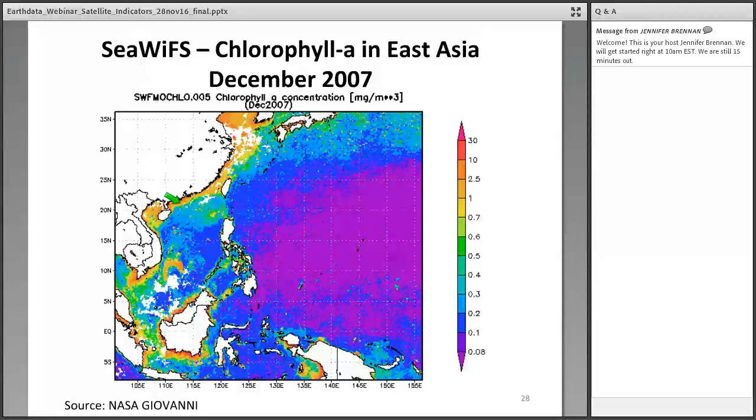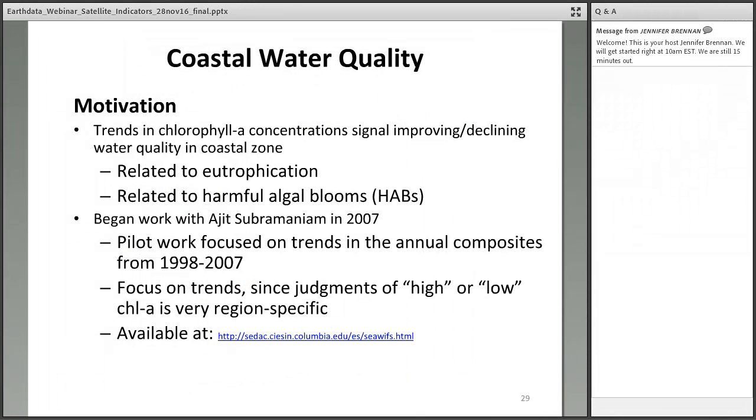There are just sometimes naturally high concentrations of chlorophyll A. Now, chlorophyll A is what you're measuring here. It's basically derived from ocean color. It's related to eutrophication of water bodies and harmful algal blooms.